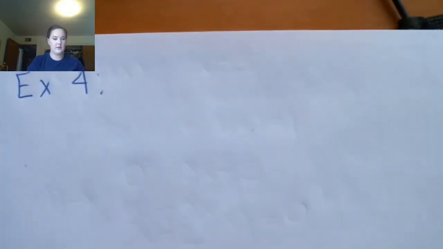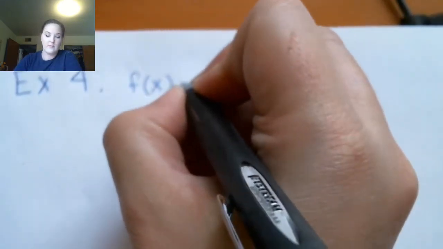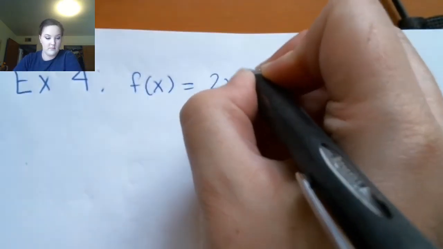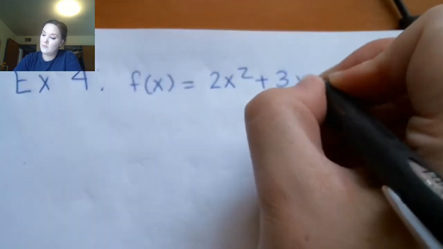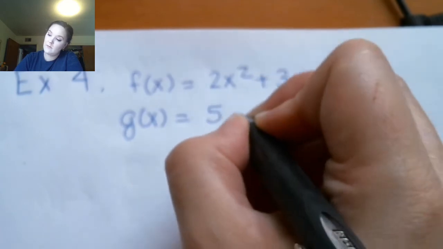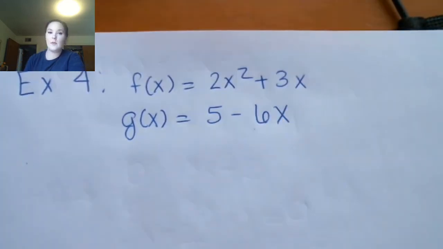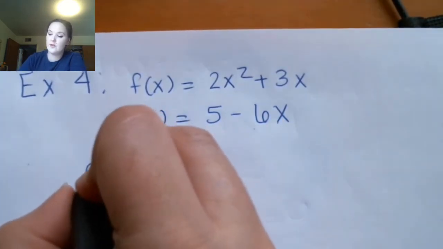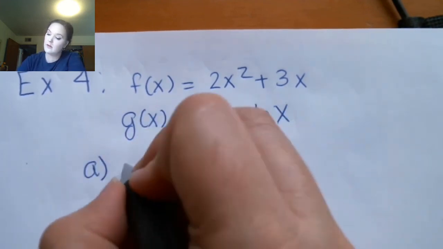Okay, let's do one more example of using function notation. In this example, we have two different functions, f and g.